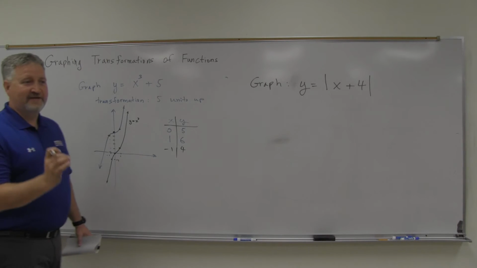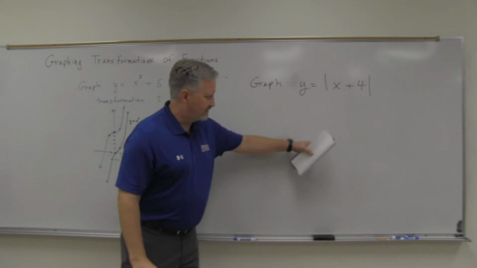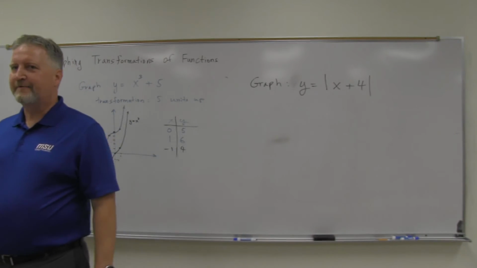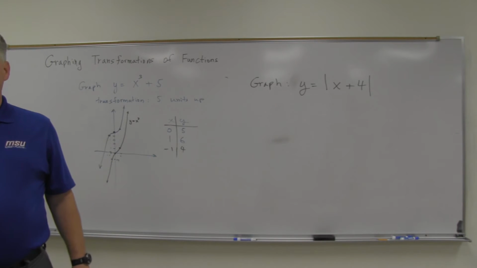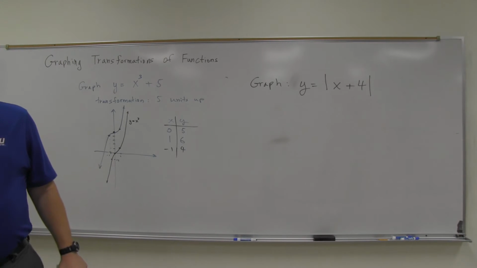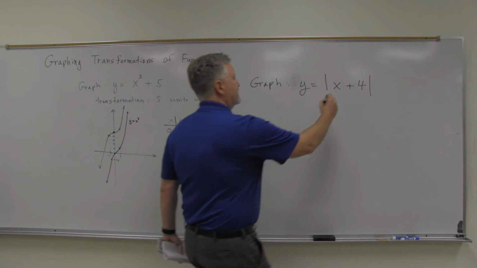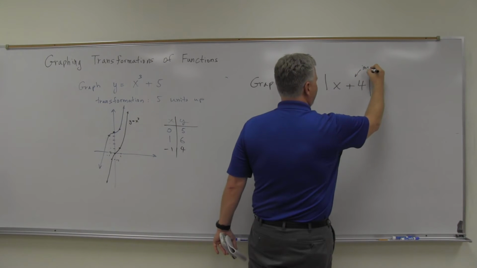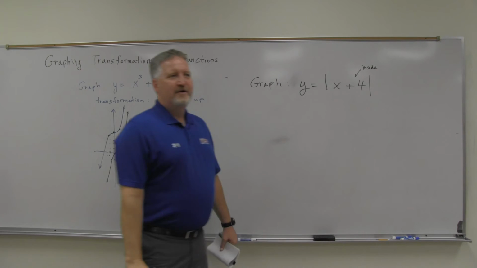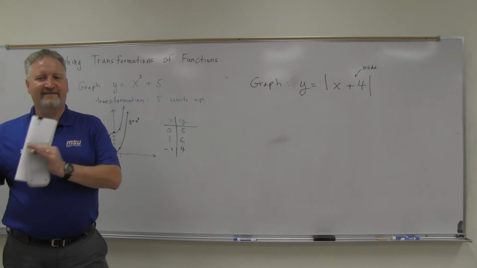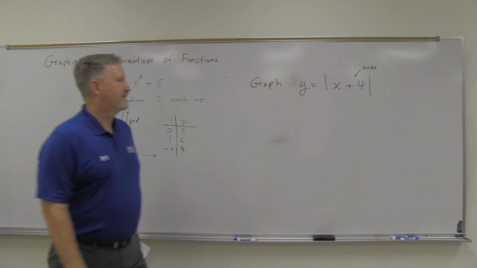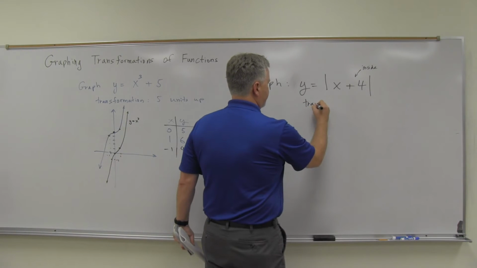We got the plus 4 on the inside. So thinking about our little chart there, table, what's that going to do? It's gonna be right or left. It's on the inside, isn't it? Left. And that one works kind of opposite what you might think. Yeah, plus 4 moves it to the left, doesn't it? So the transformation here is left 4, yes.